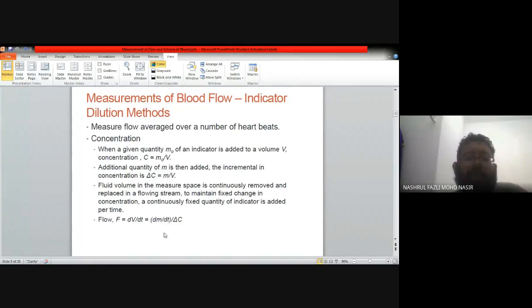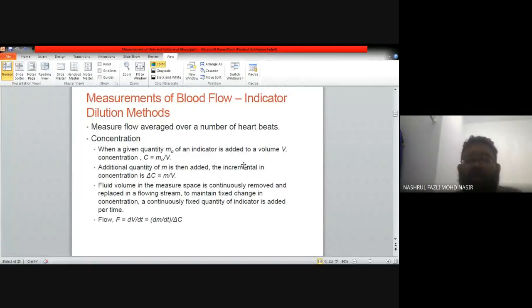If you have this information, you may know the flow. Why is this important? Because when you want to measure your blood flow, maybe you cannot drain out your blood. But you can measure the indicator and also the concentration.